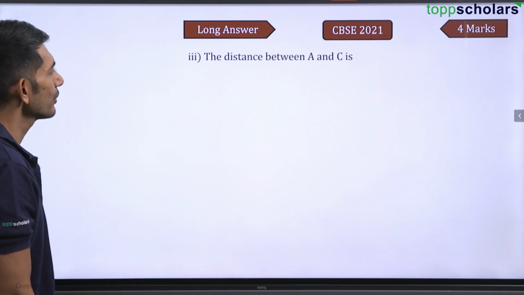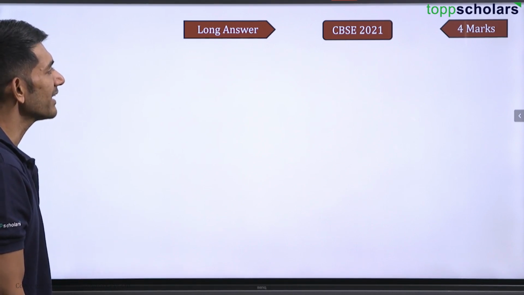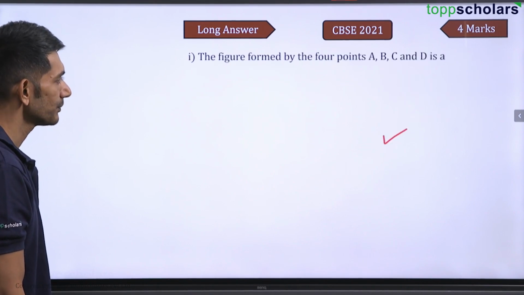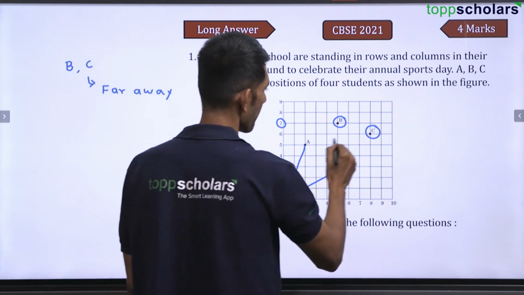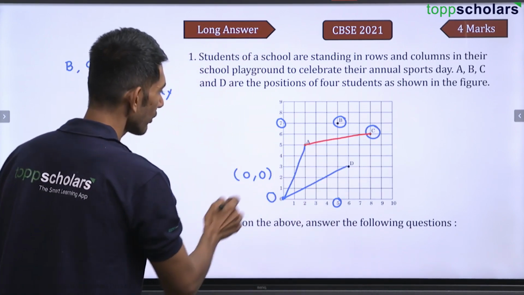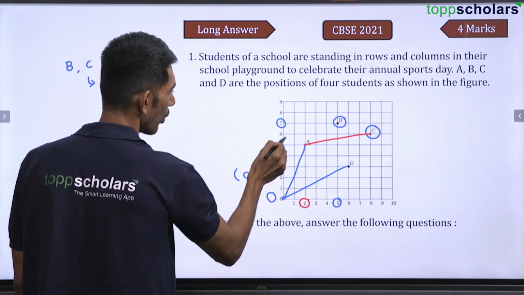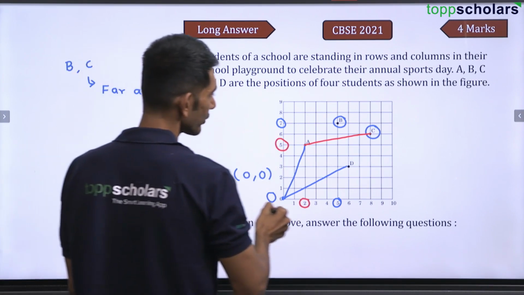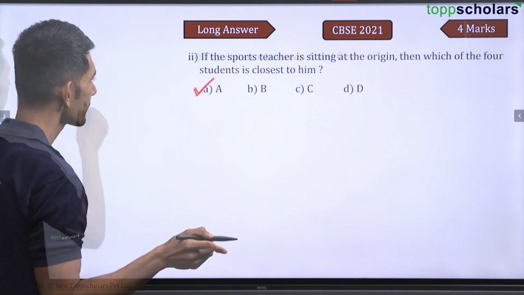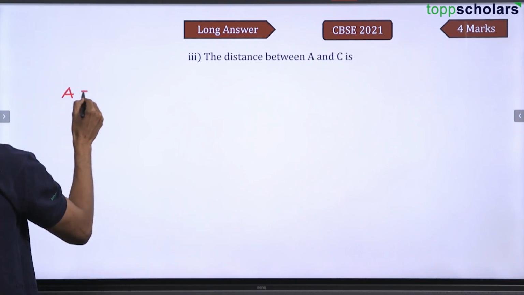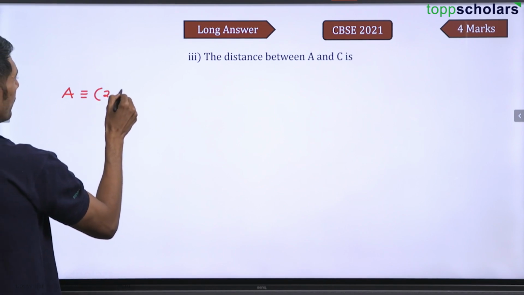Okay. Now the question says, what is the distance between points A and C? Okay, we have to go back again. Distance between points A and C. For that we need the coordinates of A, that is 2 comma 5, coordinates of C 8 comma 6. 2 comma 5 and 8 comma 6, right?